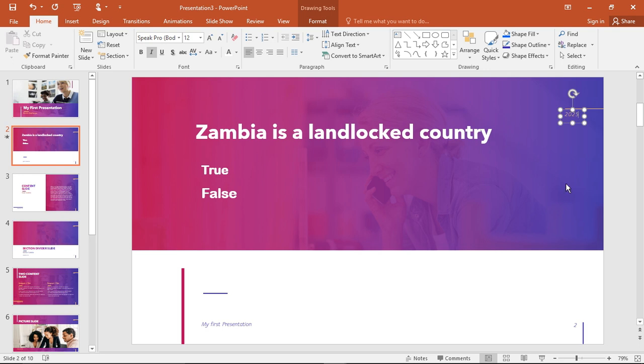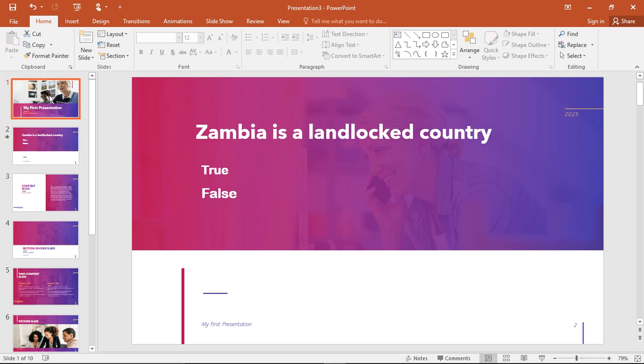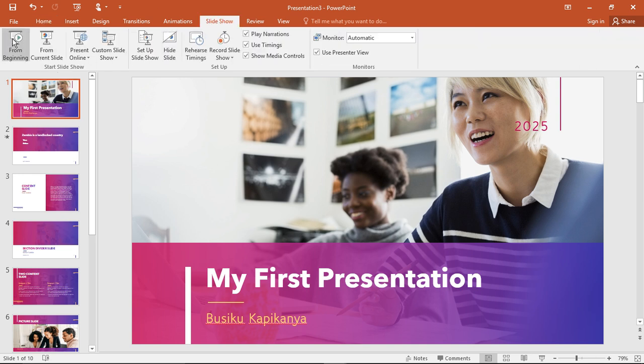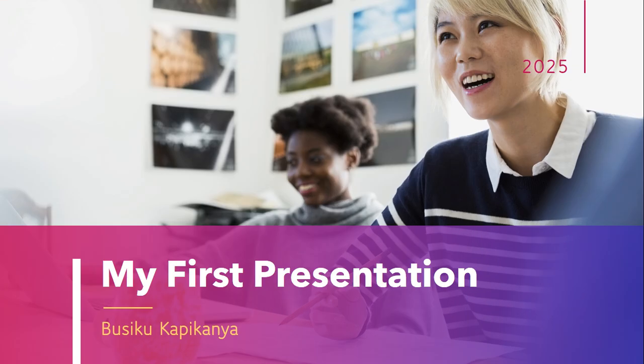2025. Let's look at how this presentation can now be presented to the people. We are now going to use the Slideshow from the beginning. If you don't want to use these tabs, you can always come down here. There is this button for slideshow. Once you click it, it automatically pops out My First Presentation. This one has no animations, no transitions.